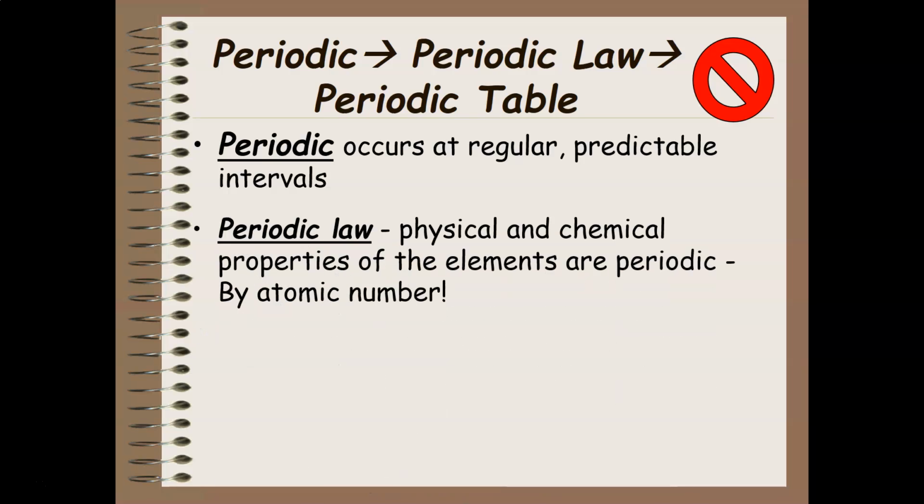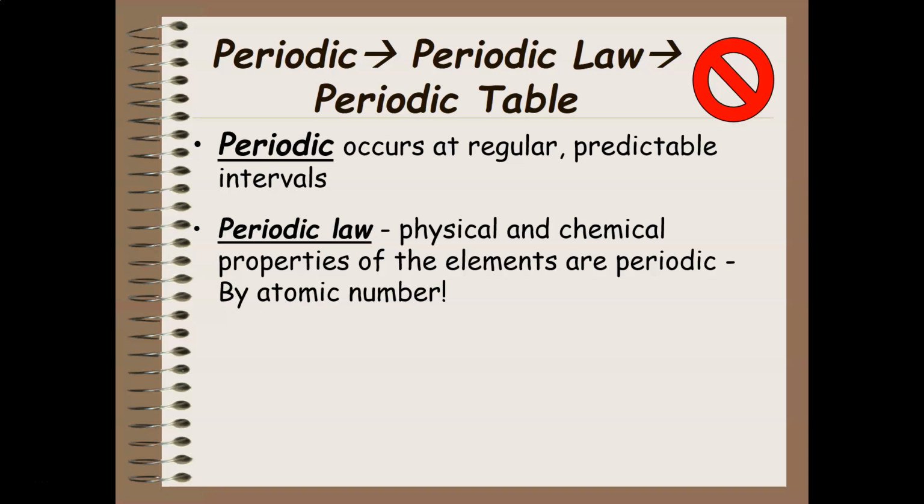The periodic law helps us figure out how the physical and chemical properties of the elements are going to be based on the pattern of where they fall in the periodic table. There is a predictable and regular pattern to them. And what we're going to be learning is that it's based on their atomic number.